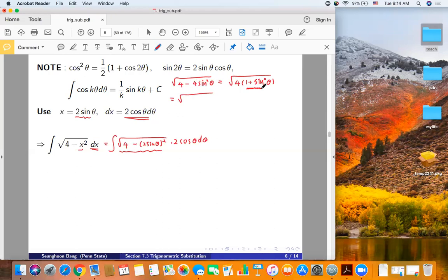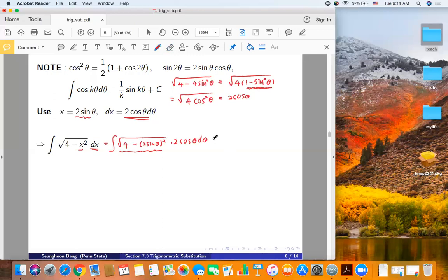What is 1 plus sine squared theta? Oh, sorry, this is a negative sign, a typo, not plus. Minus. What's 1 minus sine squared theta? Yep, this is right, cosine squared theta. Just eliminate the square root. This is 2 cosine theta.